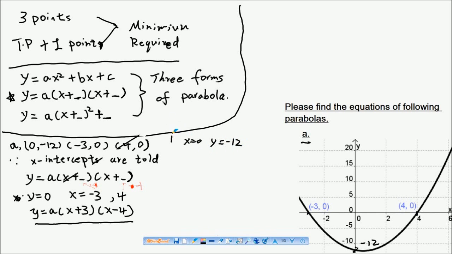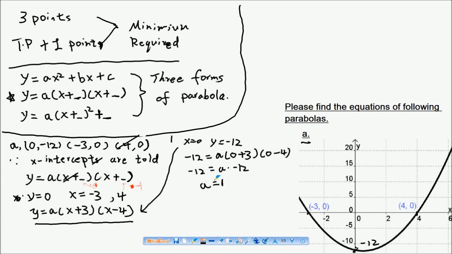Substituting, we have minus 12 equals a times (0 plus 3) times (0 minus 4), which is minus 12 equals a times minus 12, so a is 1.